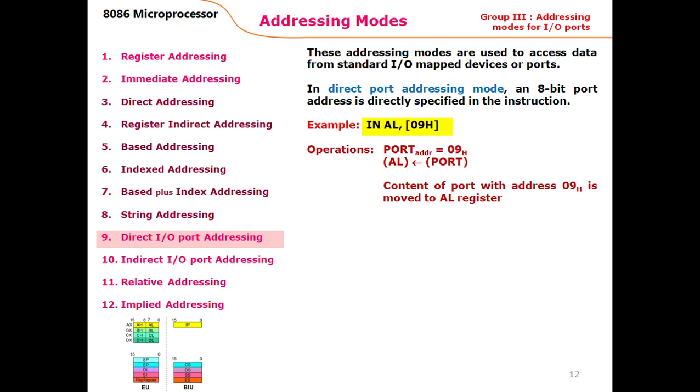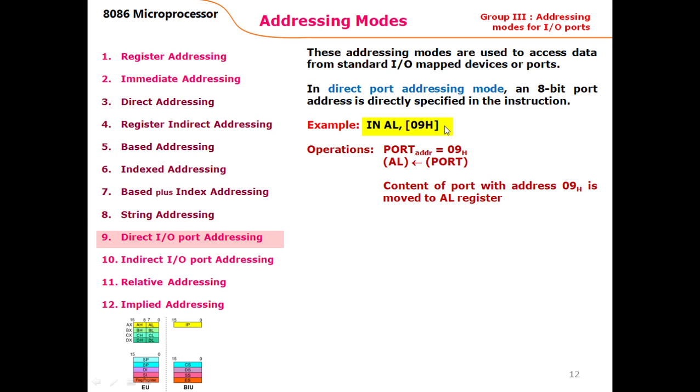Then we have direct input and output port addressing. In this mode of addressing, the port address of the input or output port is represented as part of the instruction by an 8-bit value. For example, here in direct port addressing mode, an 8-bit port address is directly specified in the instruction.